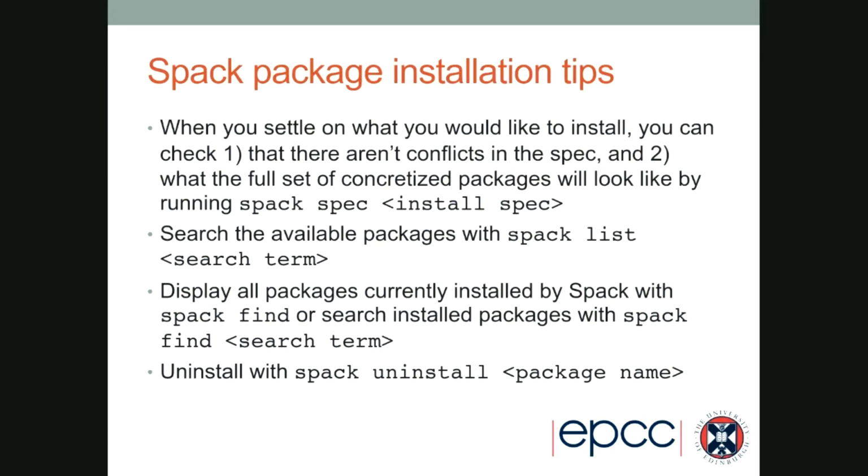That'll check that the conflicts are not there, that what you've requested makes sense. And then it will output the first set of output that you get if you were actually running an install command, which is to output the full install spec. So what you've requested with the full set of build options, versions, compilers, and so on, and the same for every dependency that will be needed to do that.